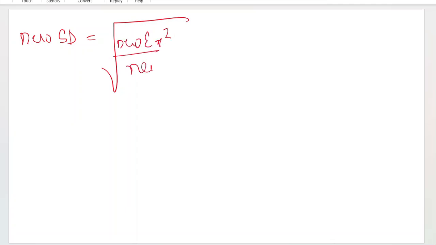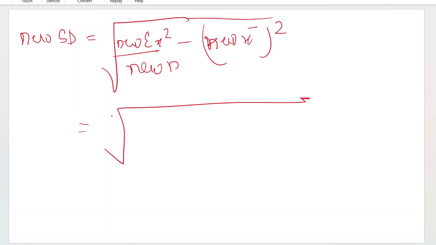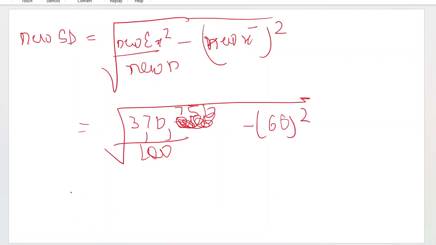Now we have to calculate new SD. New SD will be equal to root of new sum of x square upon new n minus new x bar square. New sum of x square is 370,750, new n is 100, and this is again 60 square.